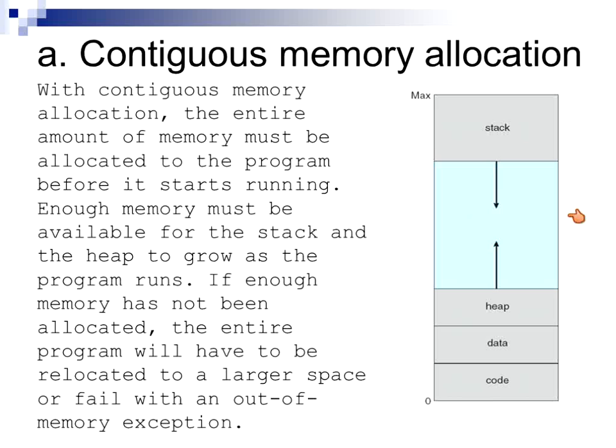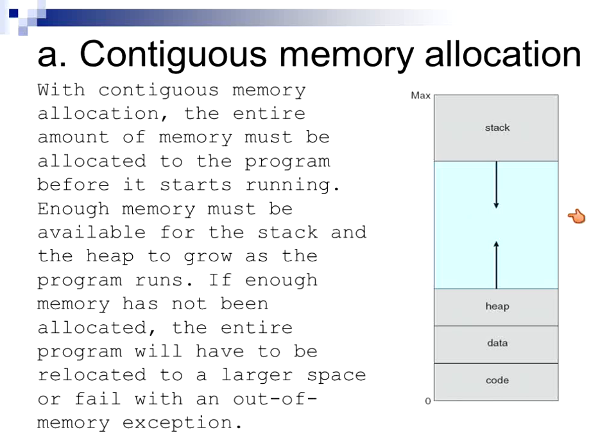So if you think about it, what does that mean as your program executes? Well, if the heap is growing and the stack is growing, if you didn't leave enough space in the middle when you allocated the whole amount of memory for this process, eventually the heap and the stack are going to grow right into each other, and you're going to run out of memory.